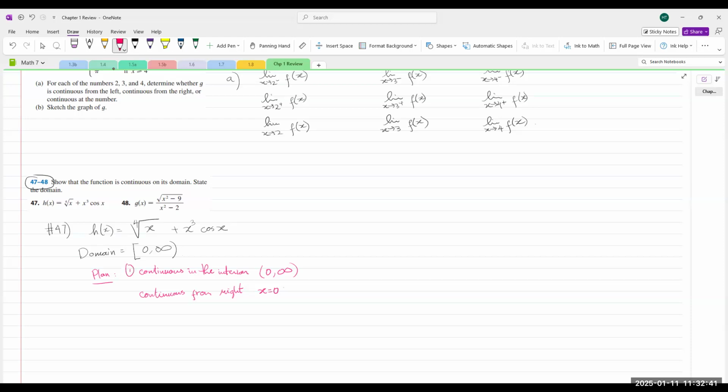So that's the first step, that's the second step. And to show that it's continuous, we just need to show that the limit exists and equals the function value. Okay, so plan number 1.